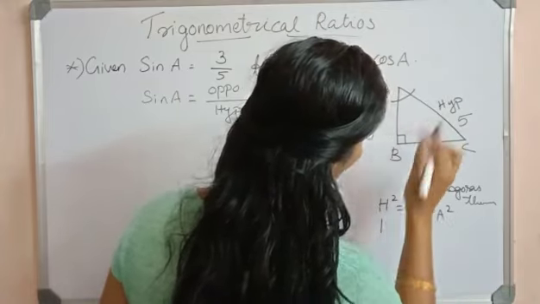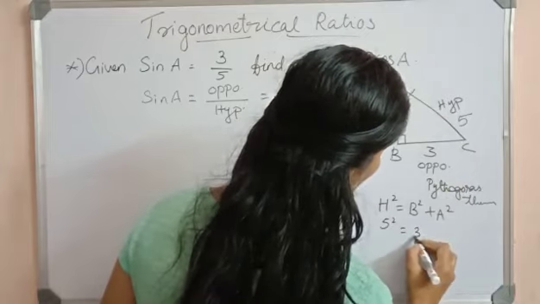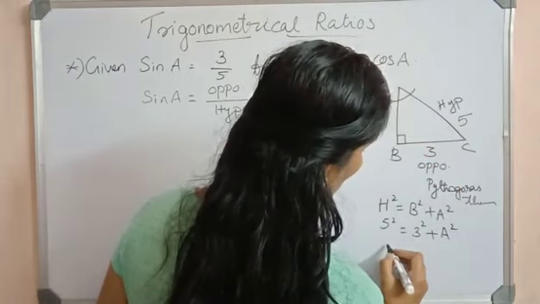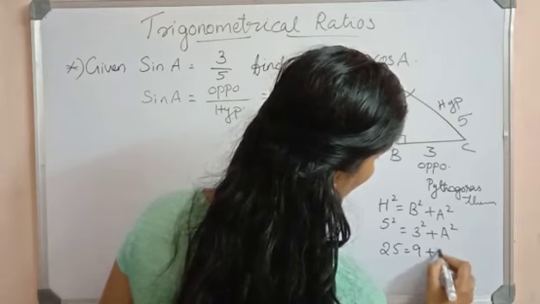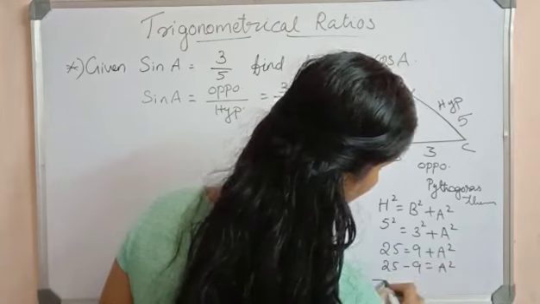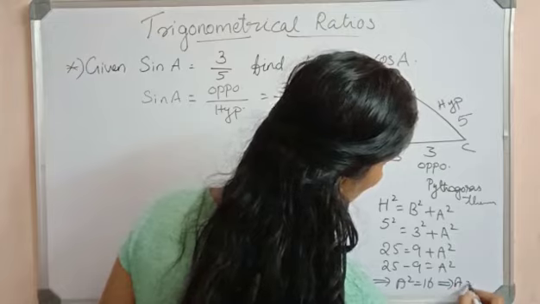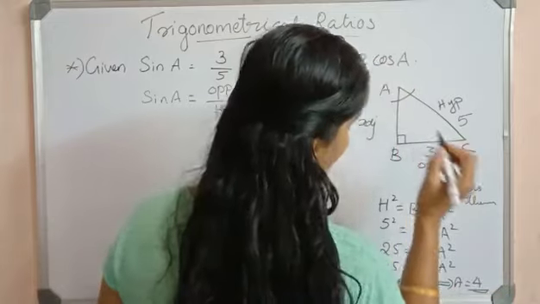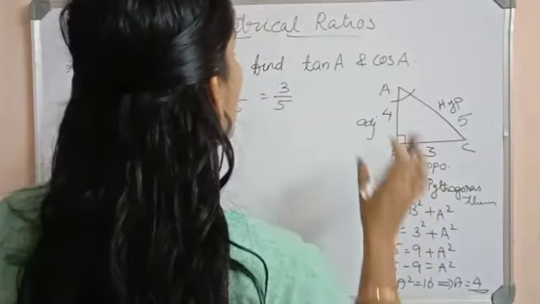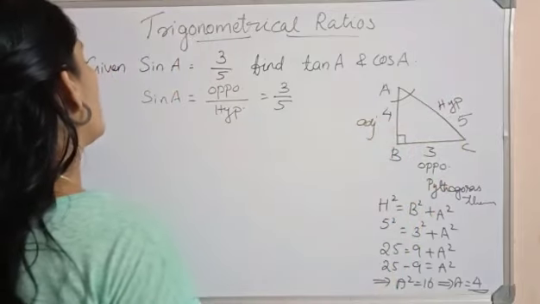Hypotenuse is 5, so 5 square is equal to 3 square plus altitude square. So 25 is equal to 9 plus a square, or 25 minus 9 is equal to a square. This implies a square is 16 and a is equal to 4. So the side AB is 4. Now we have all the values: hypotenuse is 5, adjacent side is 4 and the opposite side is 3.